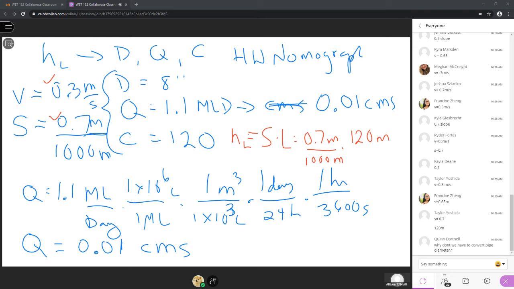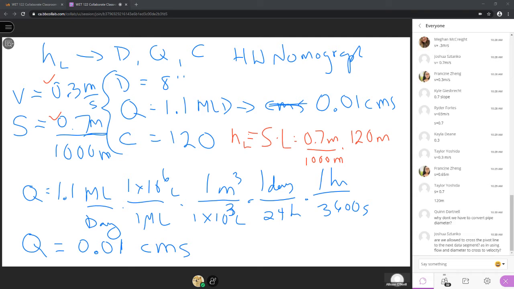Because we don't have to convert the pipe diameter, it doesn't matter which side of the diameter line you're reading off, it's still the same side.